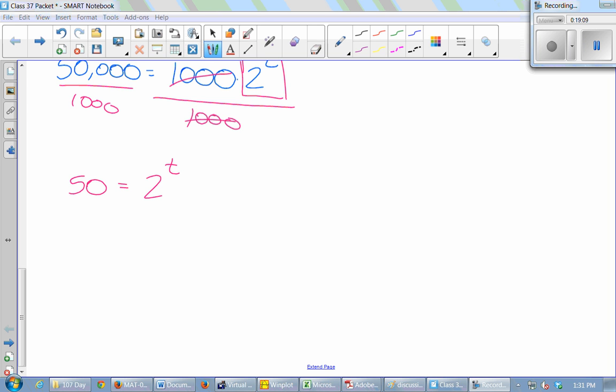To figure out what t is, the variable is trapped in the exponent, so I'm going to use Lincoln logs to get it down. Take the ln of both sides. Okay, so that means because I took the ln of 2 to the t, I can take the t down in front. I can only do that because I have taken the log of both sides, because I'm using a log to rescue that variable from the exponent.